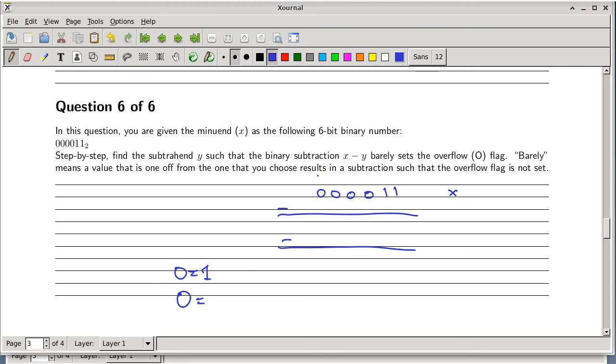Remember, we only need to look at this particular column here. So we look at the sign bit of the minuend, the sign bit of the subtrahend, and the sign bit of the difference. And there are two parts to this.